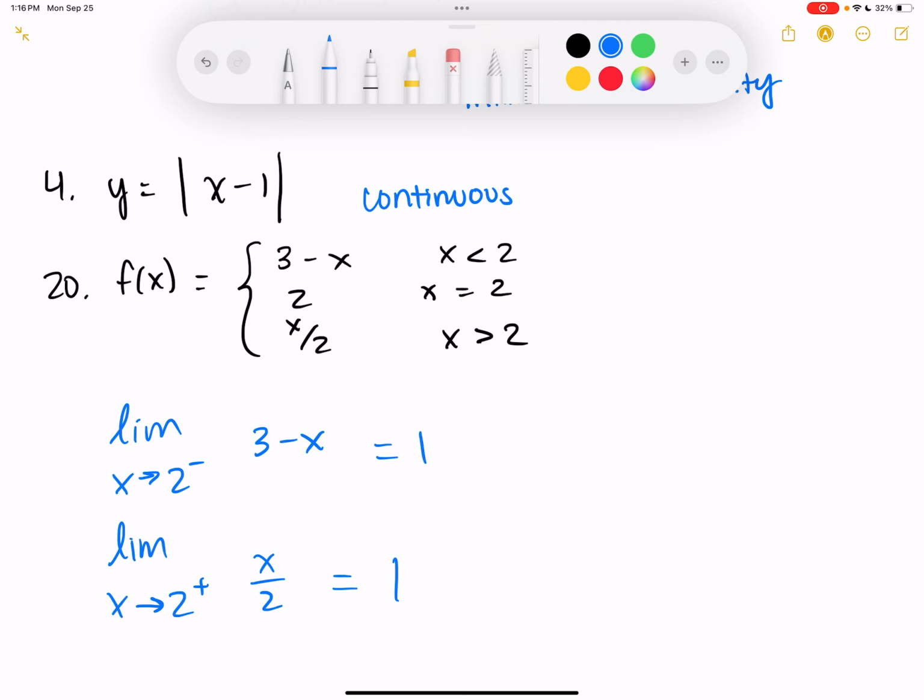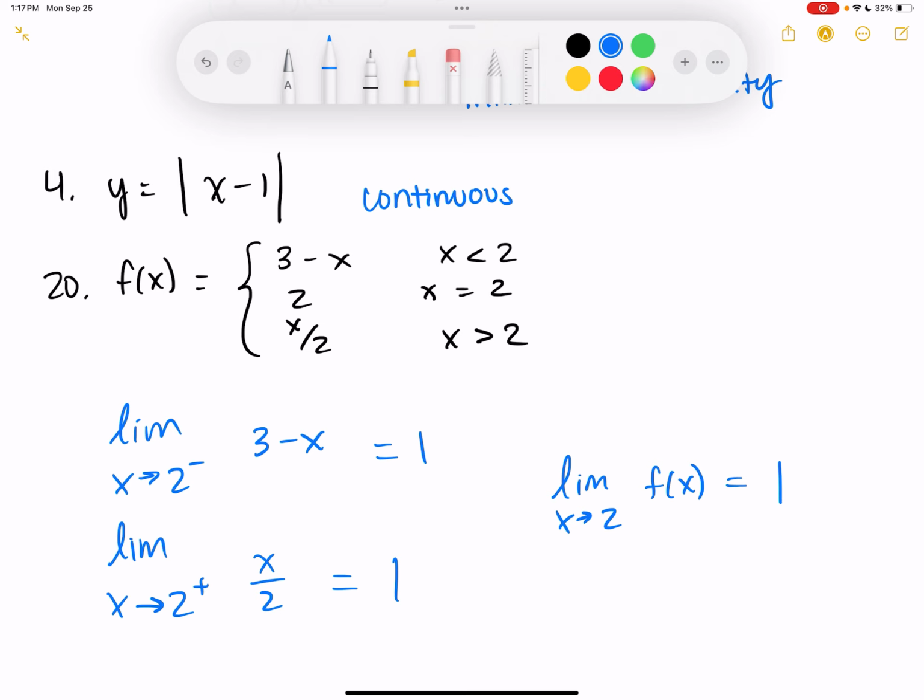So then the limit as x approaches 2 of f of x should be equal to what? 1. Nice. But what is f of 2? So I plug in 2 for x.